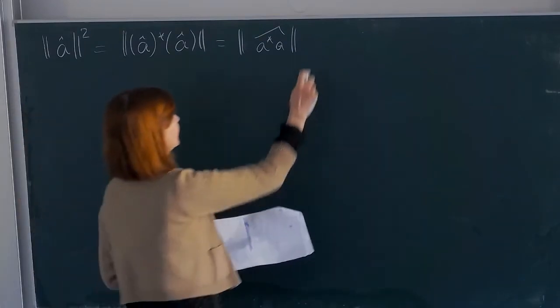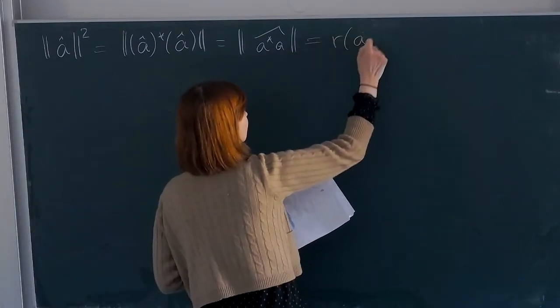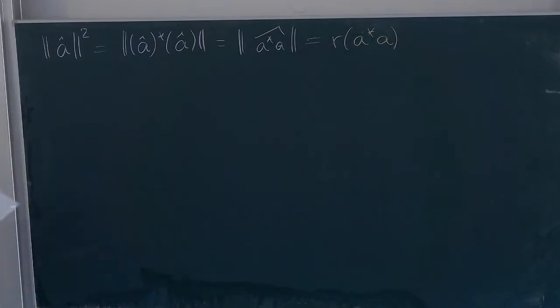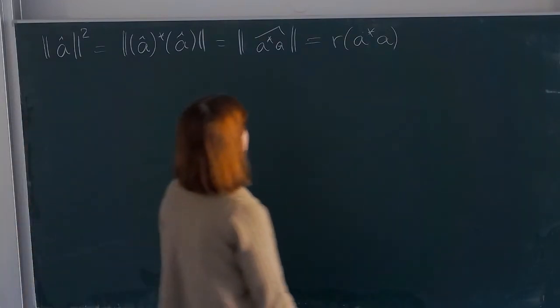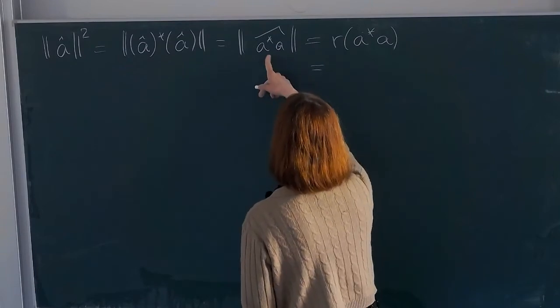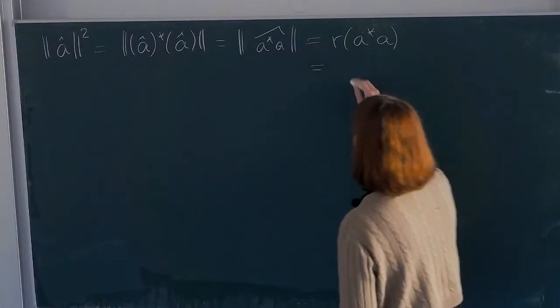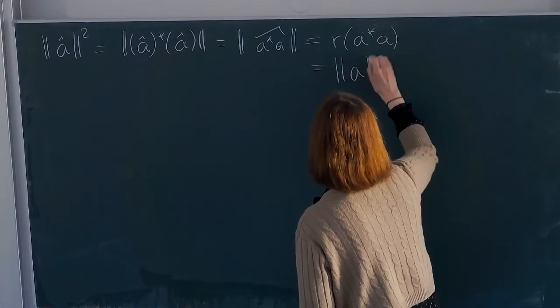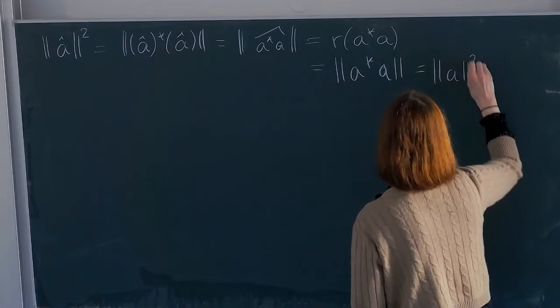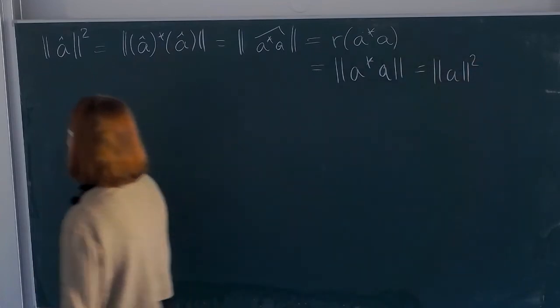And this is just the spectral radius of A star A by definition of the hat, which is of course just the norm of A star A, which is the norm of A squared. So gamma is isometric.